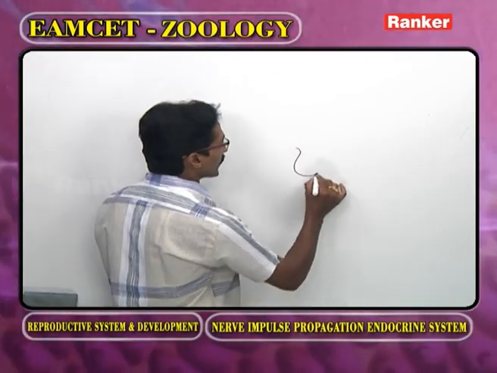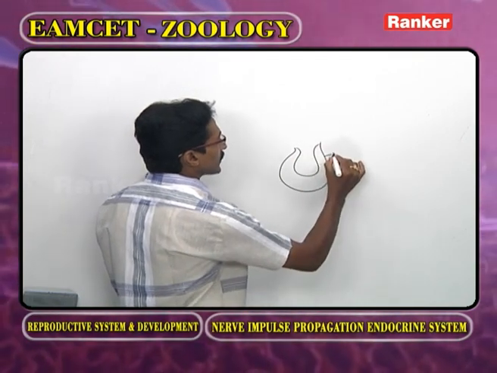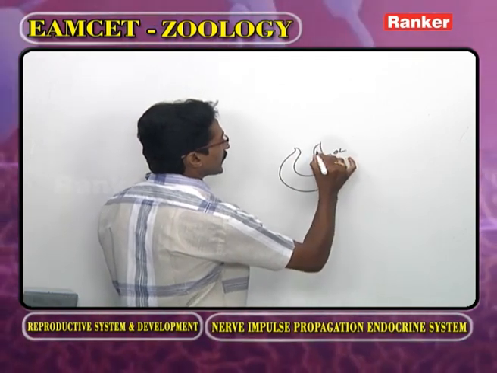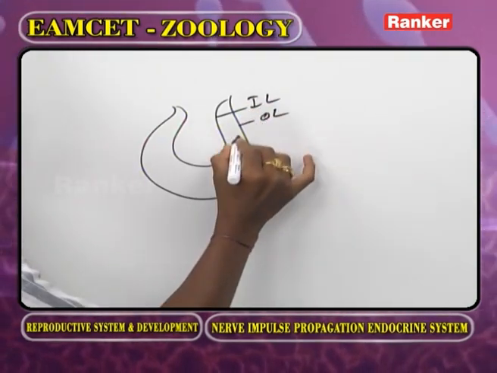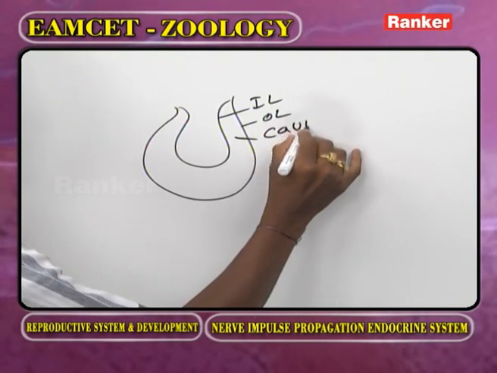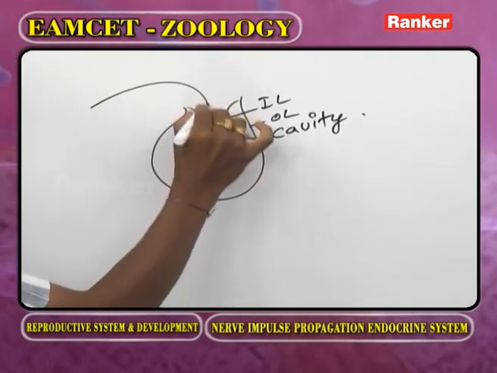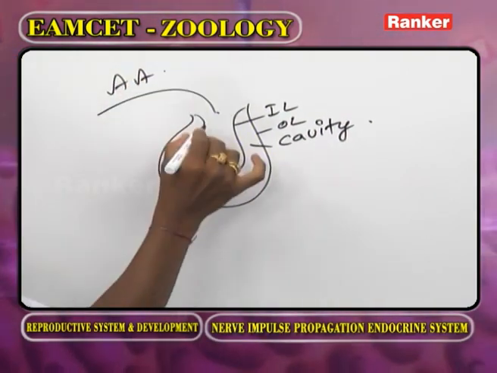Now this one we call the Bowman's capsule. This is the outer layer, this is the inner layer, and this is the cavity of Bowman's capsule. Now this one we call the efferent arteriole.